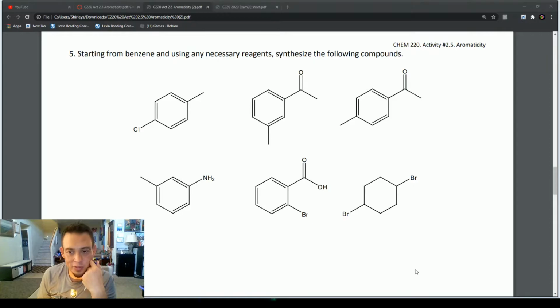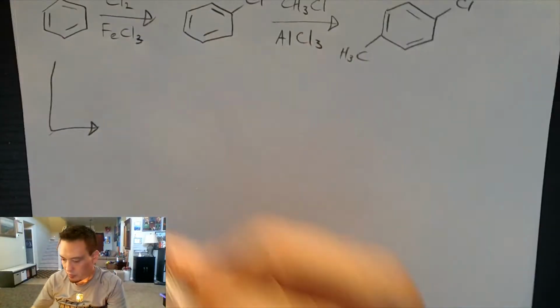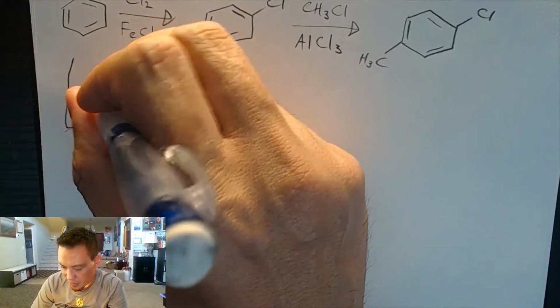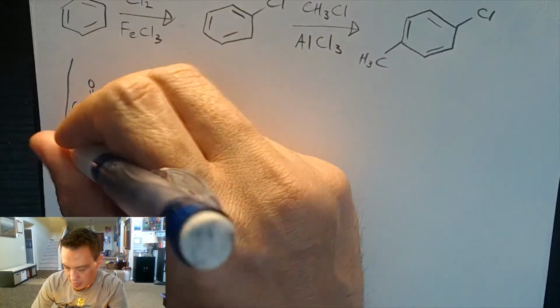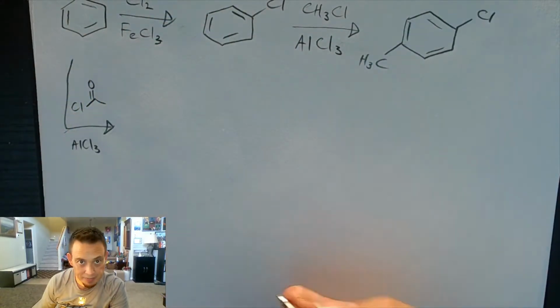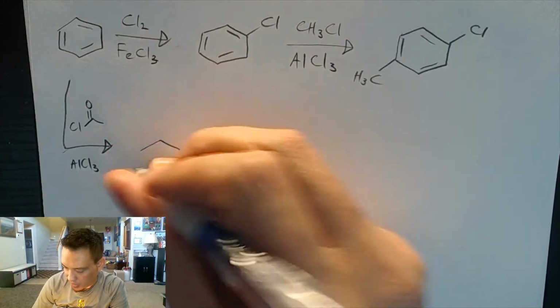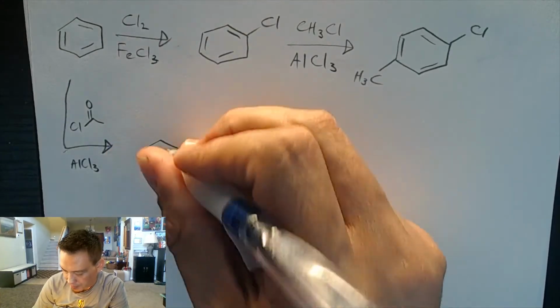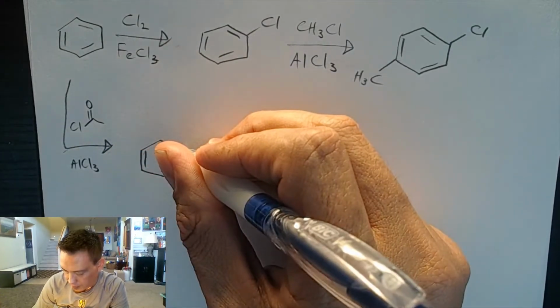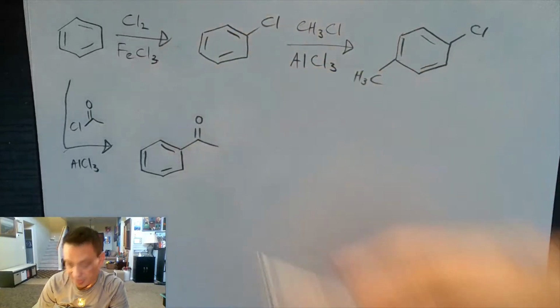So let's go ahead and switch back over. So starting off, this is the corresponding halide that we need. And we'll get acetophenone from this, which is that one, acetophenone.